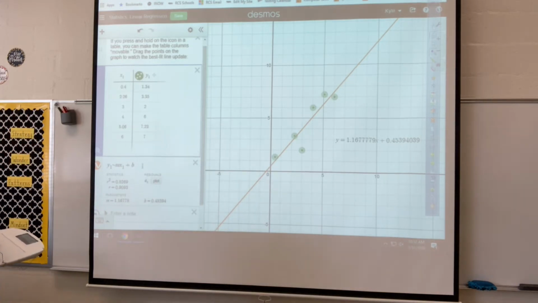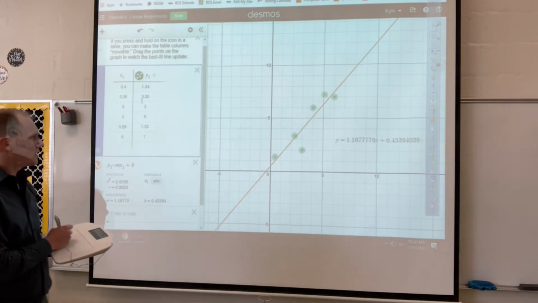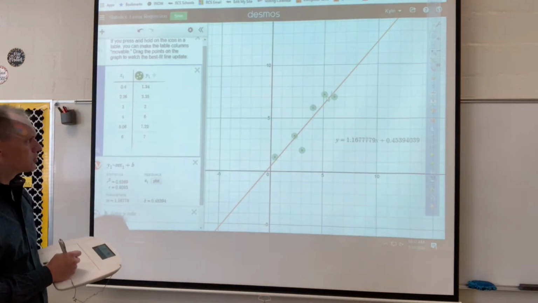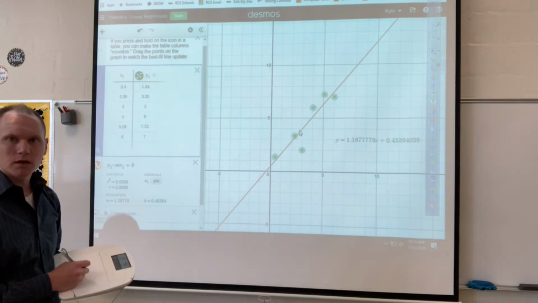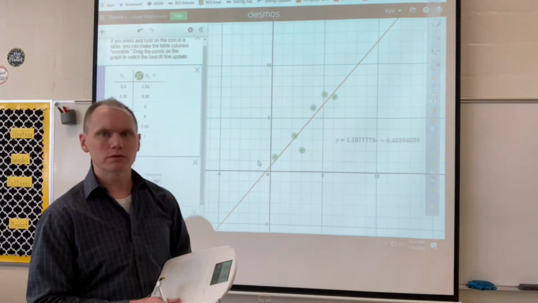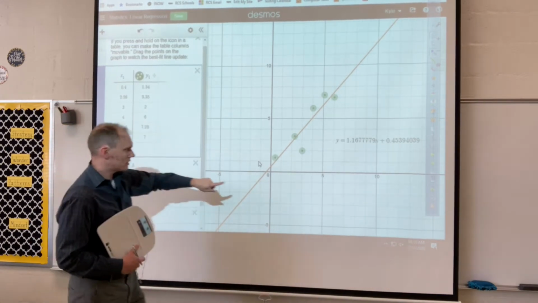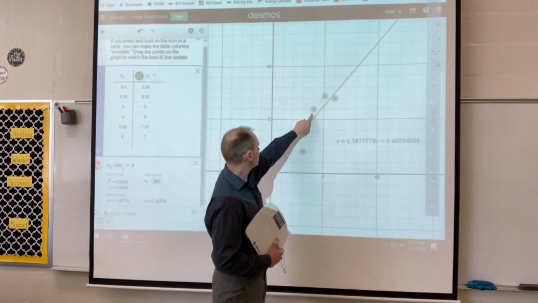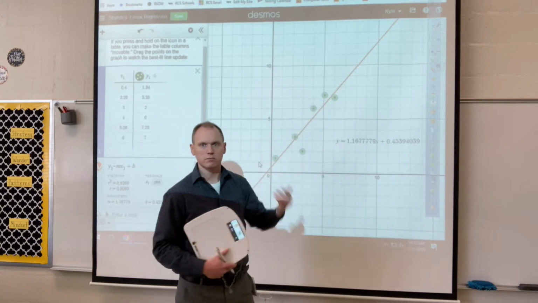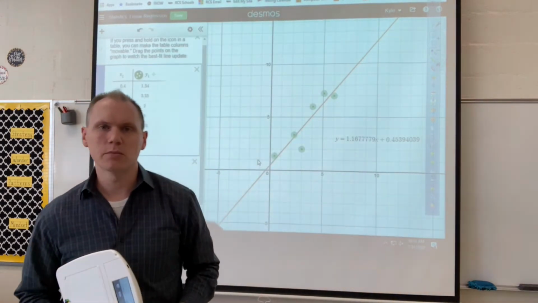This table is going to automatically be shown over here in these points. So for example, 4, 6 is that point right there that's plotted from the table.